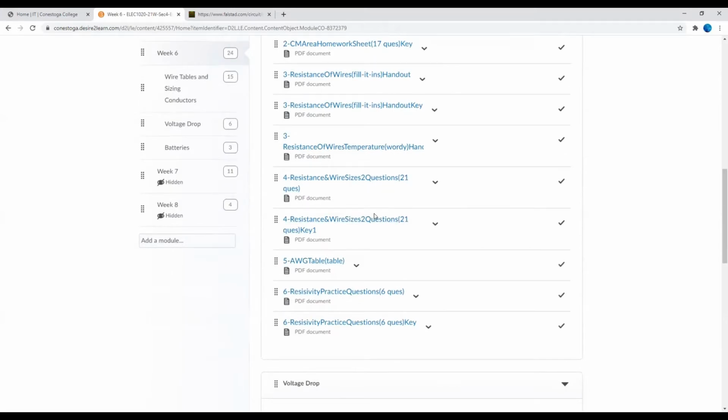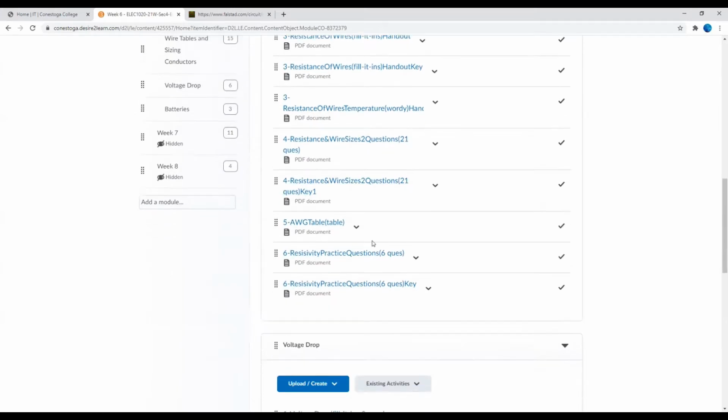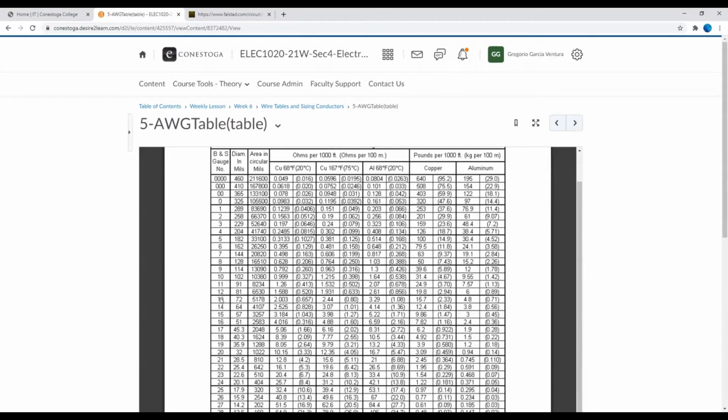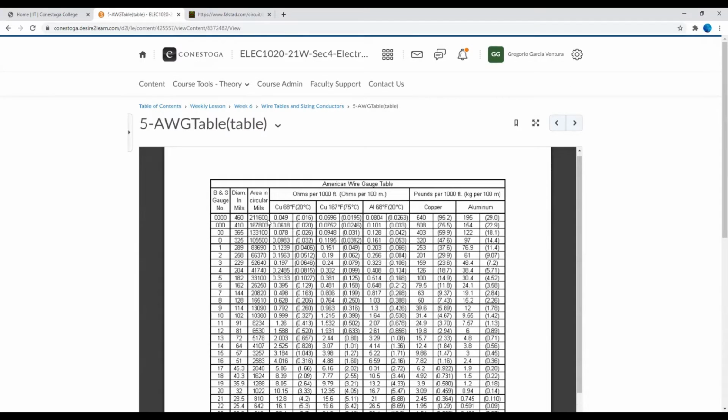you have a handout, under number 5 here, table. Under that table, you have all the different gauges, and then you have the area in circular mills of all your conductors, the diameter in mills, and we already covered what mills means, and how many ohms.